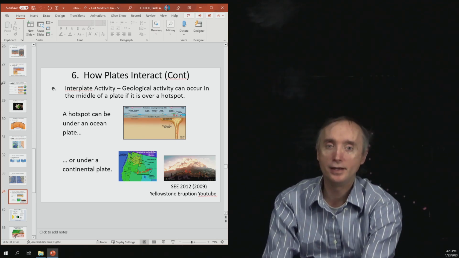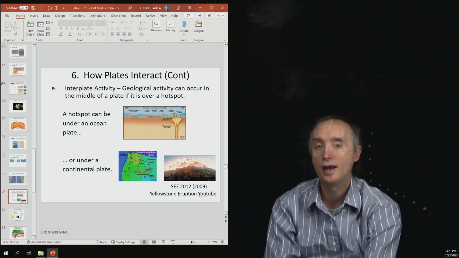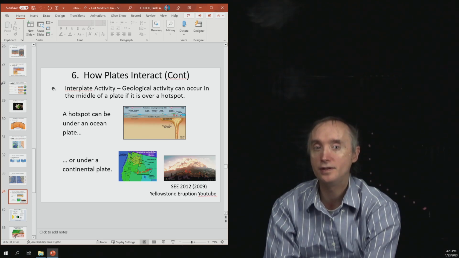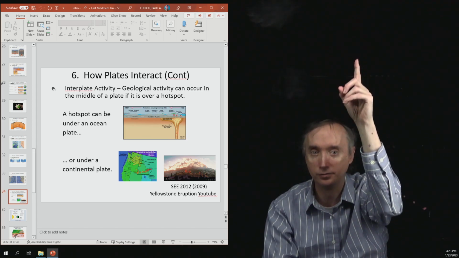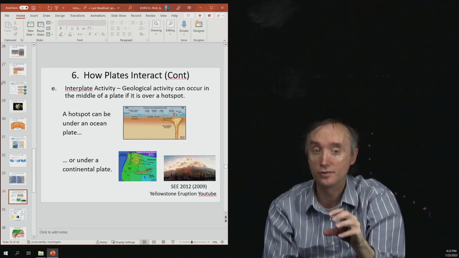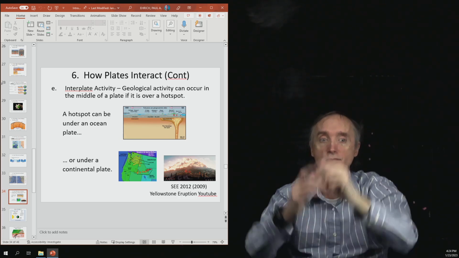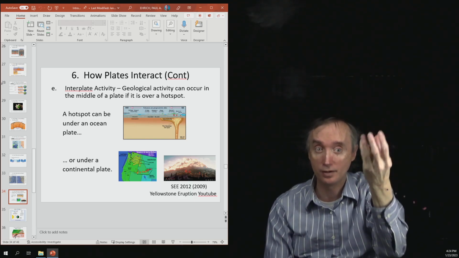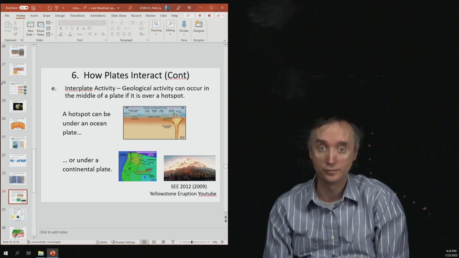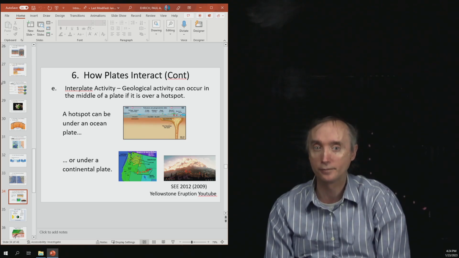So interplate activity, and yes, you can even have a hot spot underneath a continent, and currently it is underneath Yellowstone National Park in North America. So you have this hot spot, and it sends up material, and Yellowstone is an active volcano. It's not spraying lava and stuff, but it certainly has a lot of heat underneath it because you've got the geysers, Old Faithful. So that's telling you it's very hot underneath Yellowstone National Park.